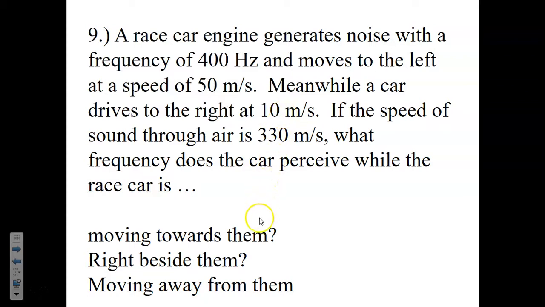So if the race car is moving towards you, meaning you're both aimed towards each other, what's the relative speed between you and the car that's creating the sound? Well, if he's driving to the right at 50 meters per second, and you're driving to the left at 10 meters per second, the relative speed between you two is going to be 60 meters per second, because you're getting closer at a rate of 60 meters each second.